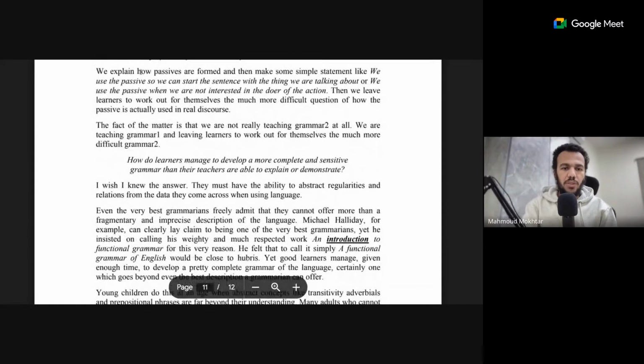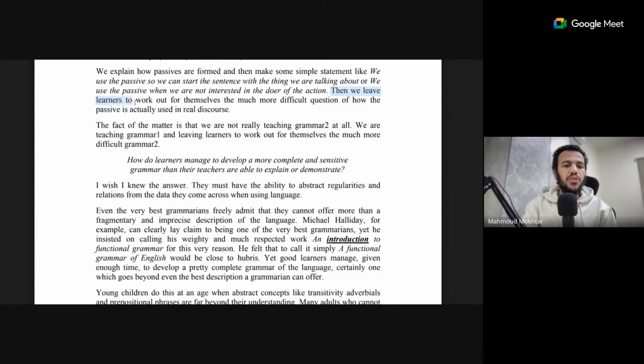We explain how passives are formed and then make some simple statements like we use the passive so we can start the sentence with the thing we're talking about, or we use the passive when we aren't interested in the doer of the action.